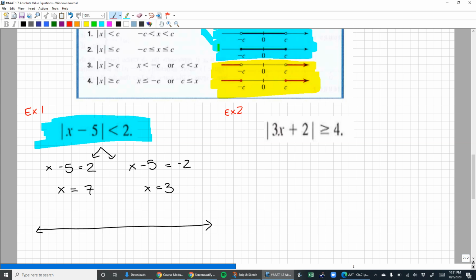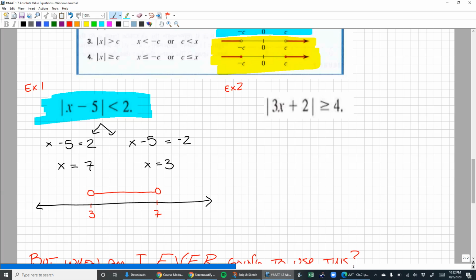All right, I could use the inequalities, but my answer is going to be 3, 7, not included, so we're not closing that. And I'd write it like this: x is between 3 and 7.